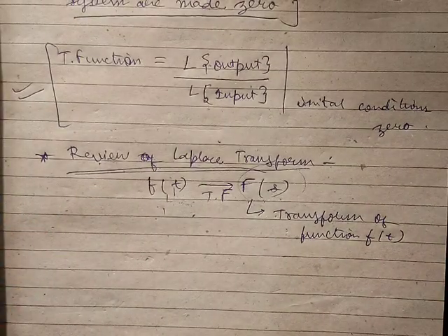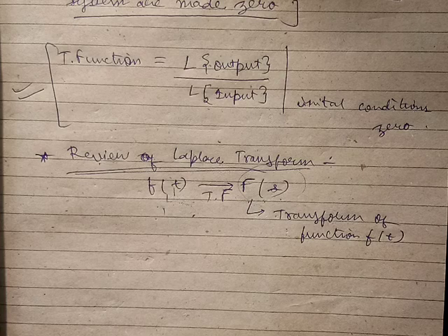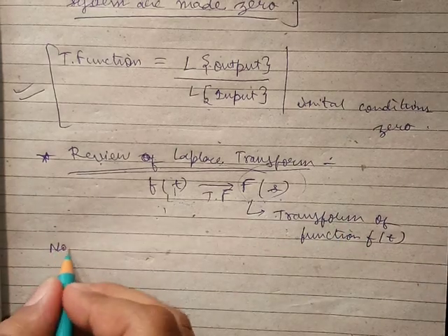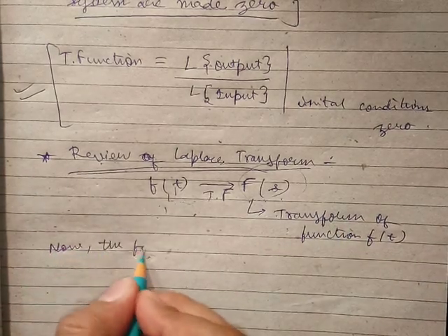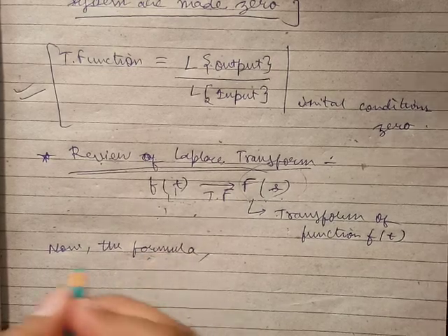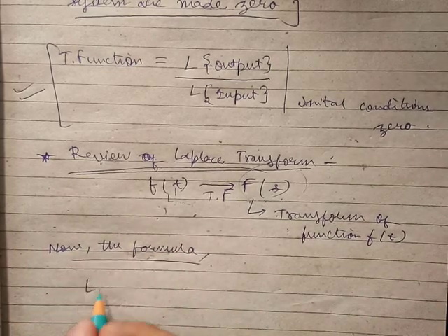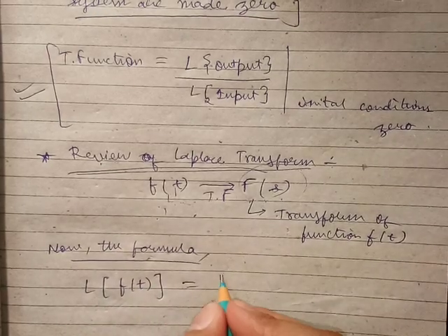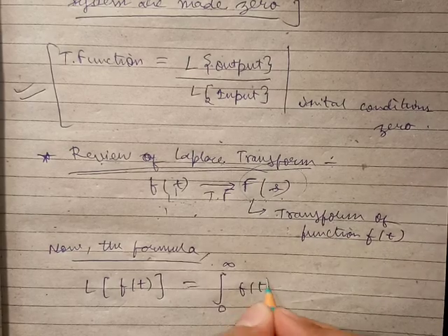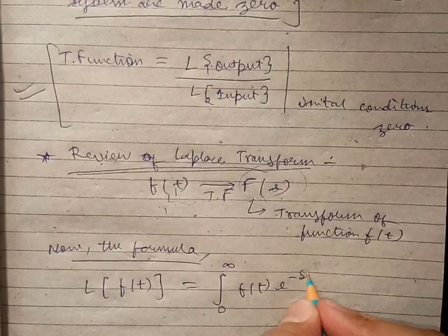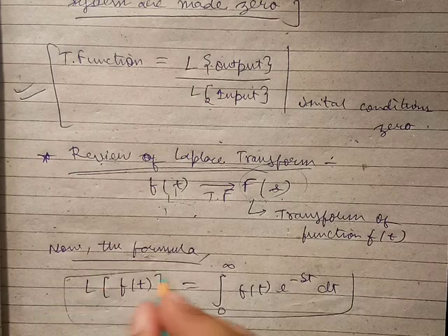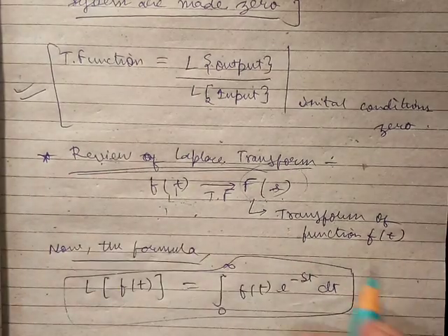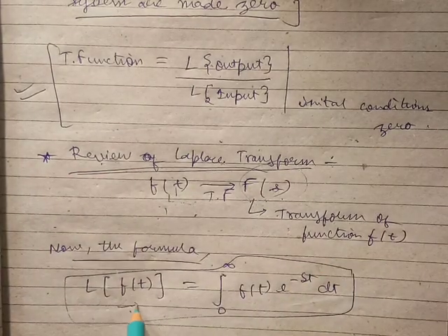Now the Laplace of a function, the formula: Laplace of f of t is given by, we all know this, integral from 0 to infinity of f of t e raised to power minus st into dt. This is the formula of the transform applied on f of t.